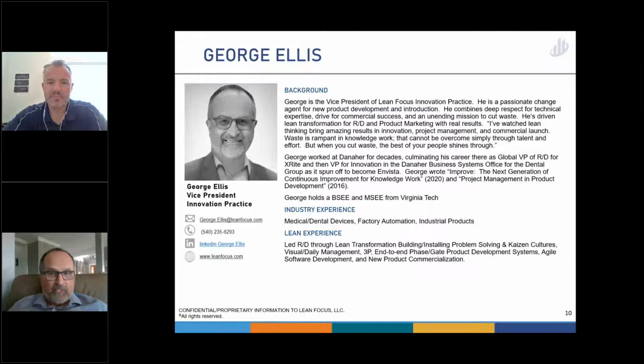And as with the technical people, also the people who are great product managers and all the people in innovation, they're very good at what they do. They're talented. And what's been such a joy for me in joining Lean Focus is this is just all I do now, is think about this topic. And anyway, it's been a good 8 or 12 weeks so far, and looking forward to the future.